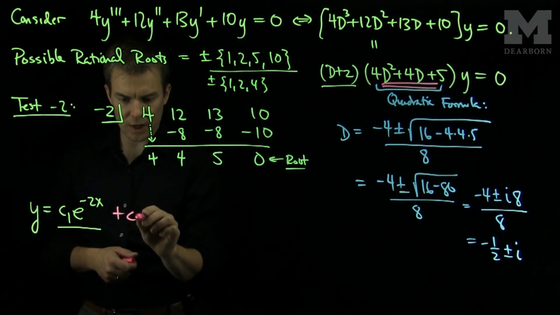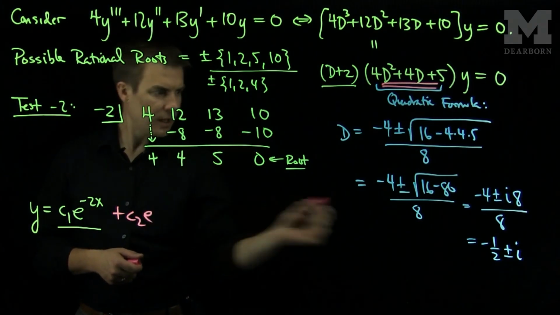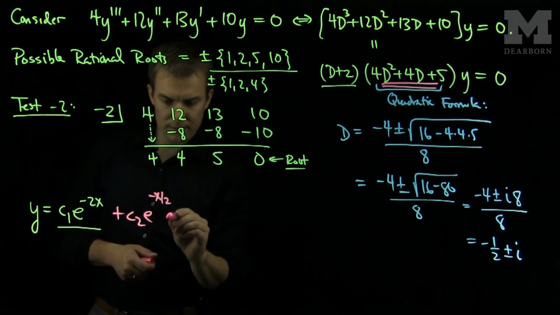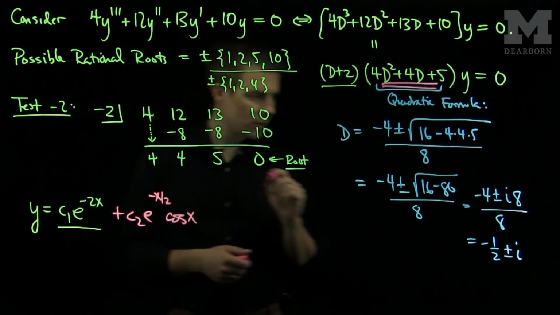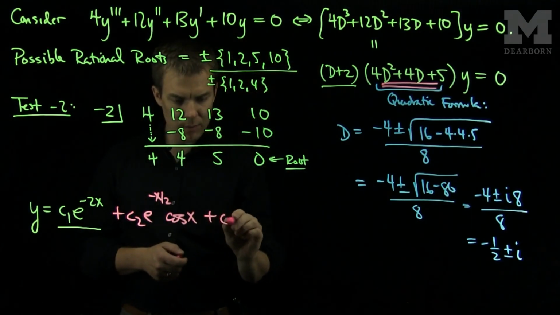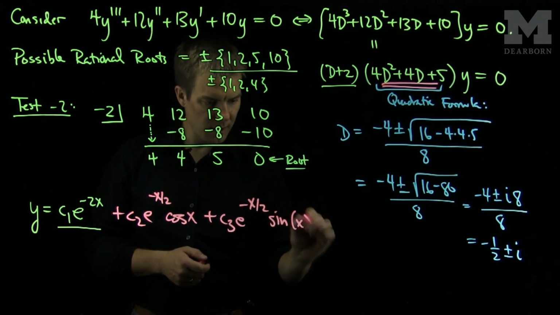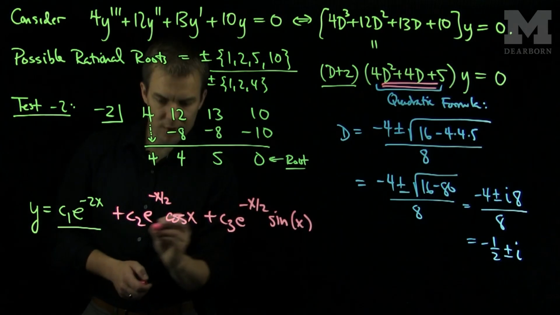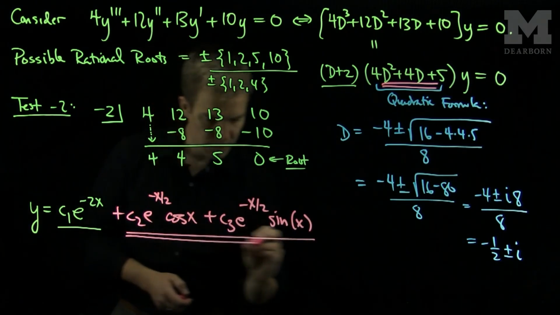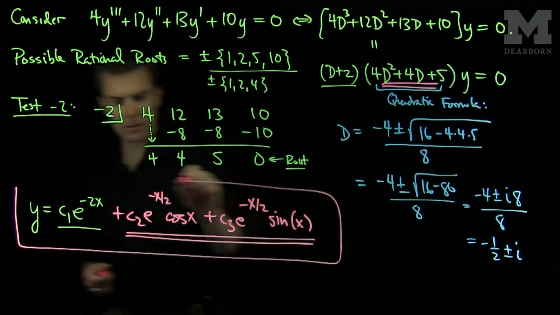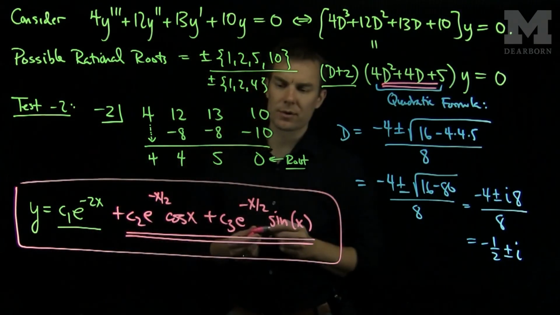I'll have a c2 e^(-x/2), that's the real part, cosine of x, which is the imaginary part, and then a c3 e^(-x/2) sine of x. And these terms come from my quadratic expression and my complex roots. So this expression over here is the general solution of our ODE.